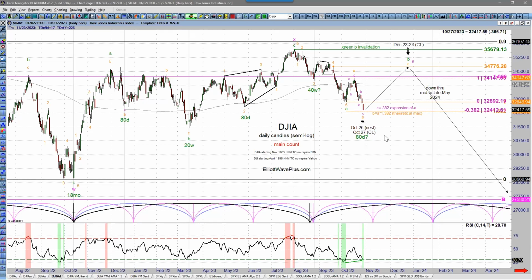The DSI, the daily sentiment of retail traders, hit a 10 on Friday on the ES contract, an extremely low number. So we have sentiment supporting a short-term bounce. We have seasonality suggesting a short-term bounce.